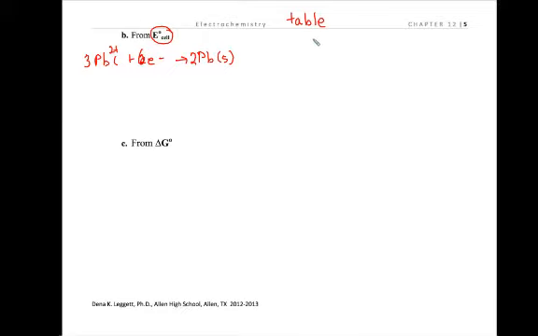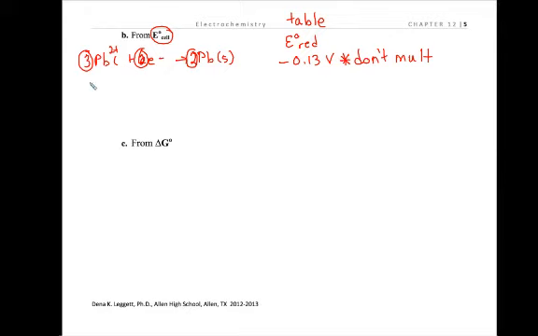Now the E0 for this, the standard reduction potential for this, was minus 0.13 volts. Now even though I multiplied by a factor, you do not multiply. Don't multiply by a factor. It's intensive. It's not dependent on that number. So we're not going to multiply this by a factor.